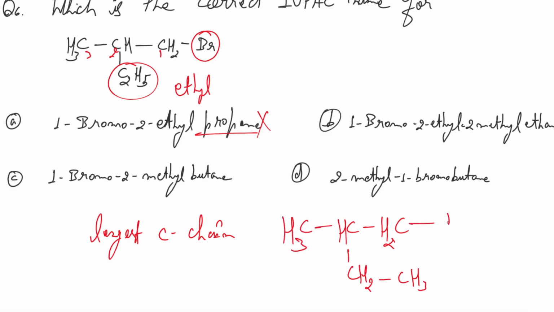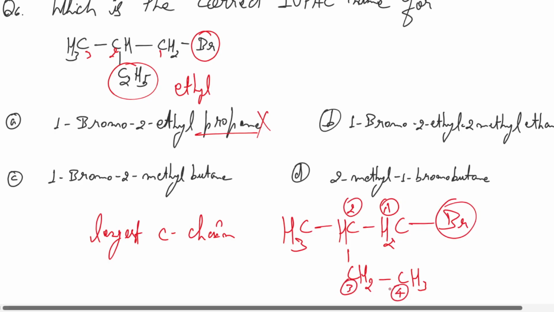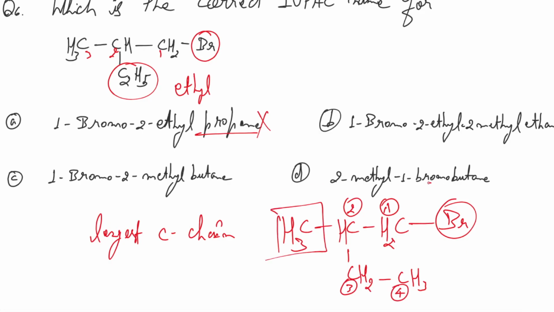Let's do the numbering: this is 1, this is prime 1, 2, 3 and 4. That's what we need to do for the naming. At the 2 position this methyl is present, so 2-methyl-1-bromobutane. The parent chain will be butane, right?